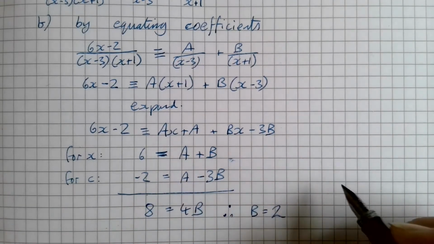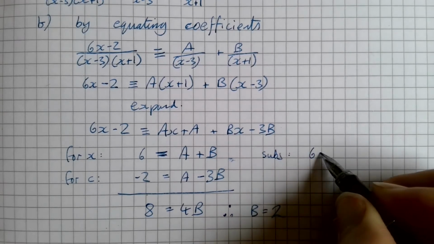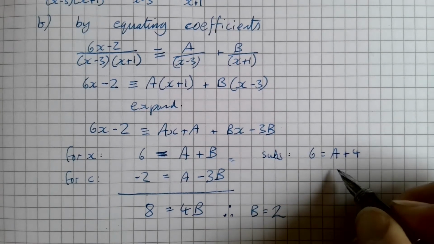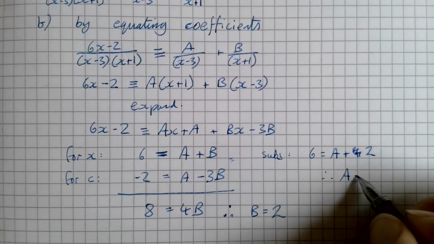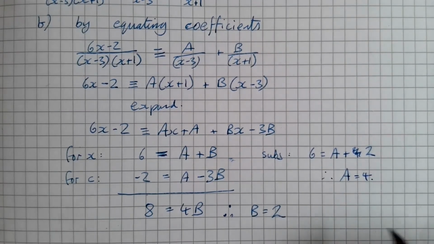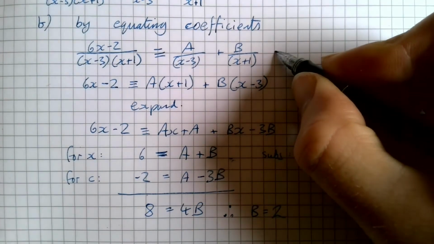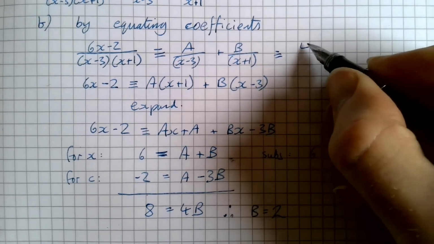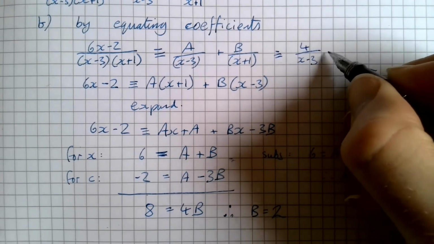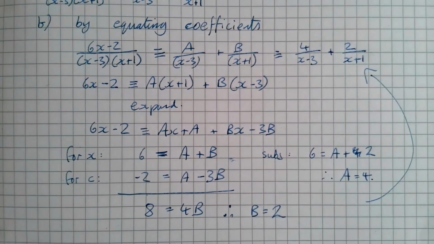And then we can substitute 6 equals a plus 2, and therefore a must equal 4. And at that moment we can go back up here and say that that would be all identical to 4 over x minus 3 plus 2 over x plus 1. So we've done it the other way, another way.